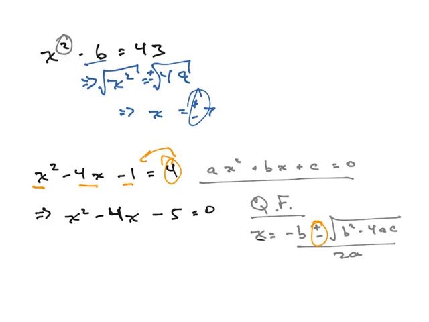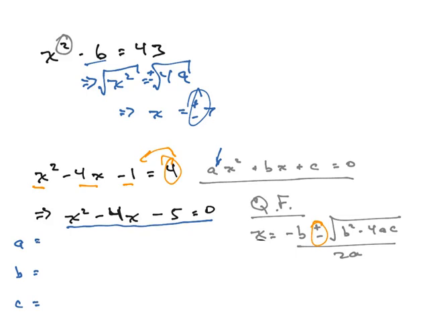So let's do it. Here's our equation. That's the thing I want to solve. So first thing I'm going to do, just to make it easy, to make it look nice, is I'm going to write down what is A, what is B, and what is C. So A is the number, the coefficient in front of the x squared.